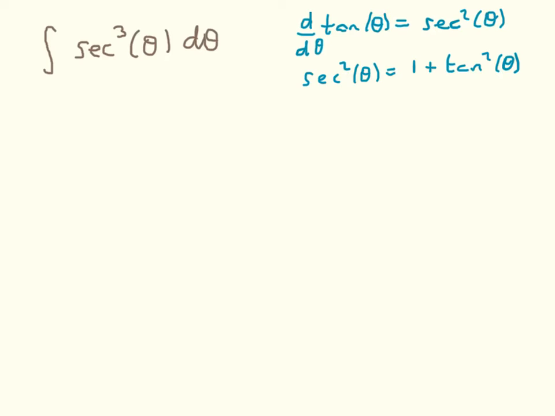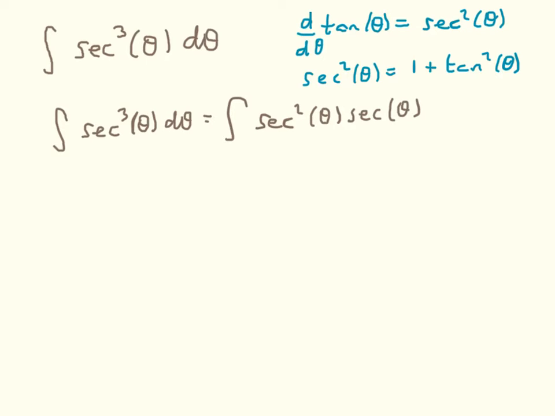So let's now think about how to do this. Our integral is the integral of sec cubed theta, and all of our identities involve sec squared. So let's write this as a product of sec squared theta and sec theta with respect to theta.